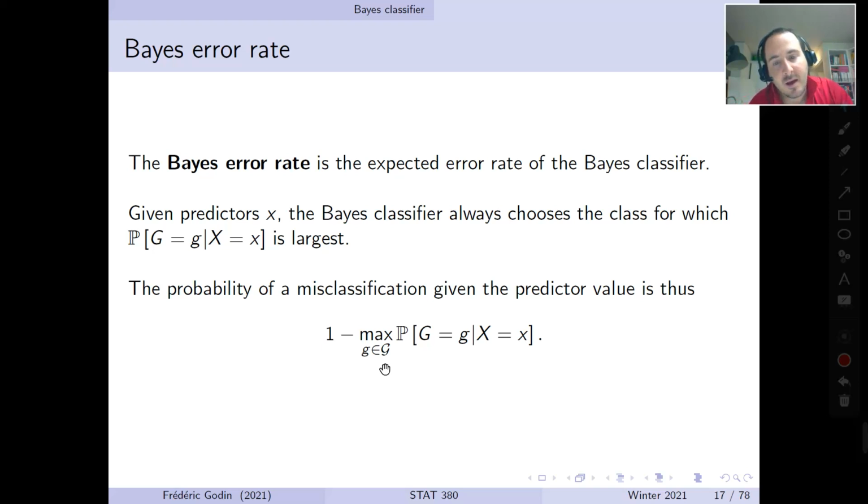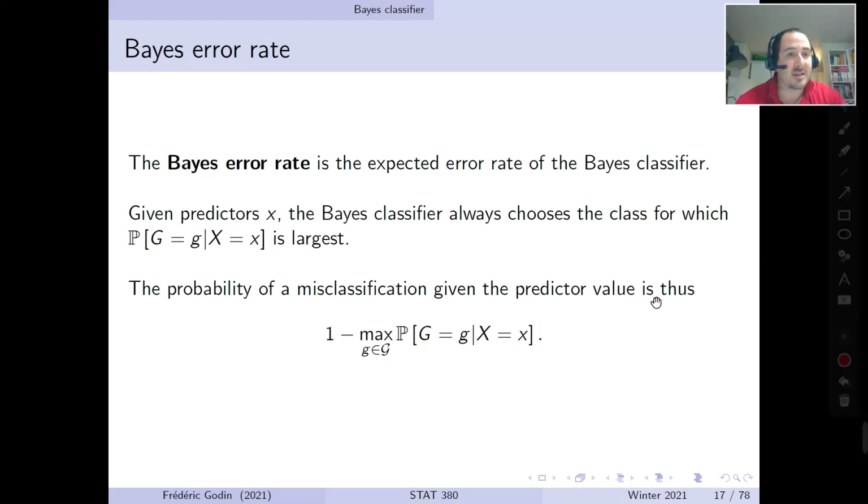When we go over all classes, you would maximize between 20% and 80%, and that maximum would be 80%. So the probability of error is 1 minus the probability of this maximal class, so it would be 20%.